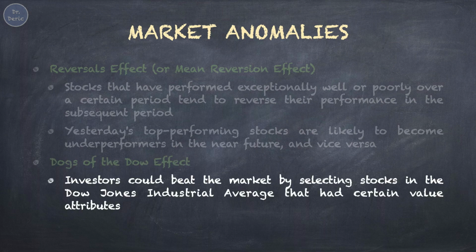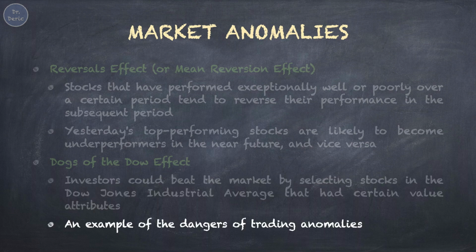Seventh, dogs of the Dow effect. The dogs of the Dow is an investment strategy based on selecting stocks within the Dow Jones Industrial Average, DJIA, that have certain value attributes. Specifically, it involves choosing the 10 highest dividend-yielding stocks among the DJIA components at the beginning of the year. This strategy gained popularity because it appeared to offer investors the opportunity to beat the market by investing in relatively high-yielding and potentially undervalued blue-chip stocks.